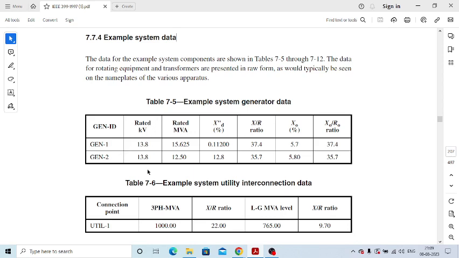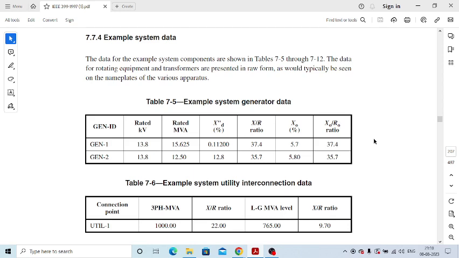For the generator, we need the voltage, MVA, X double dash, that is subtransient reactance, X by R ratio, and X0, then X0 by R0. The 0 is for the zero sequence. In our electrical power system, we have three types of components: the positive sequence components, the negative sequence components, and the zero sequence components. The moment there is a zero in the subscript, that component is a zero sequence component.